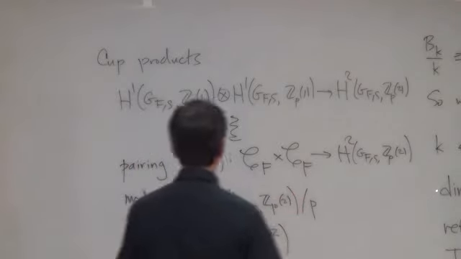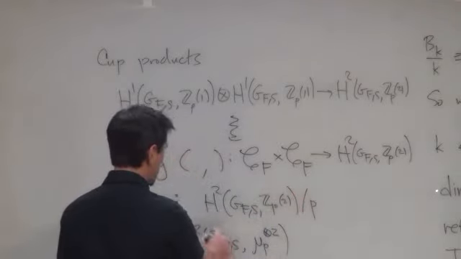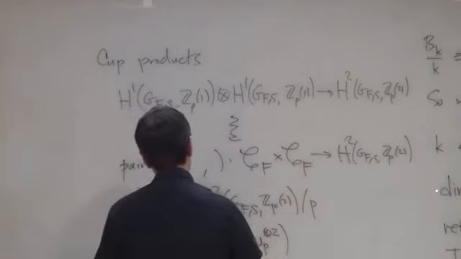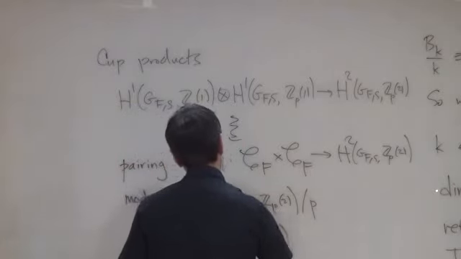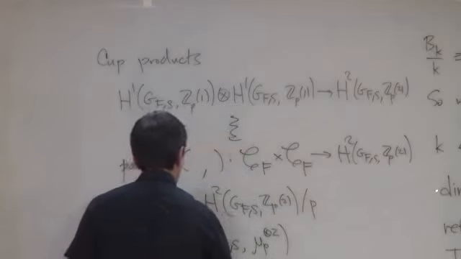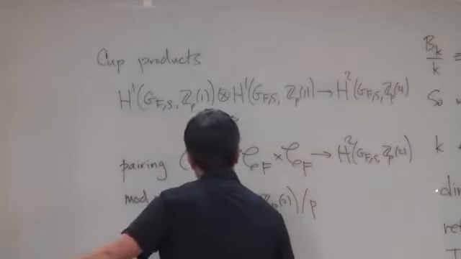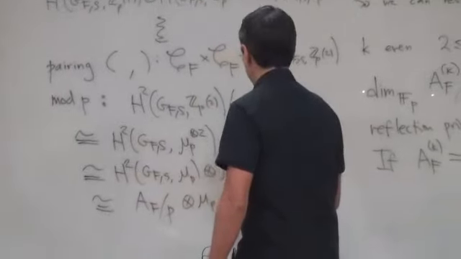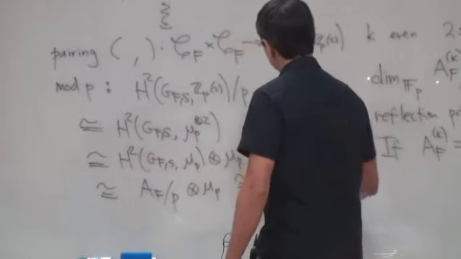Now F acts trivially on the Pth roots of unity because F contains the Pth roots of unity. So this group is actually H2 of GFS with mu P, tensored with mu P. And this thing is the class group mod P by the argument I just gave, tensored with mu P. Then I don't really need to write mod P anymore.